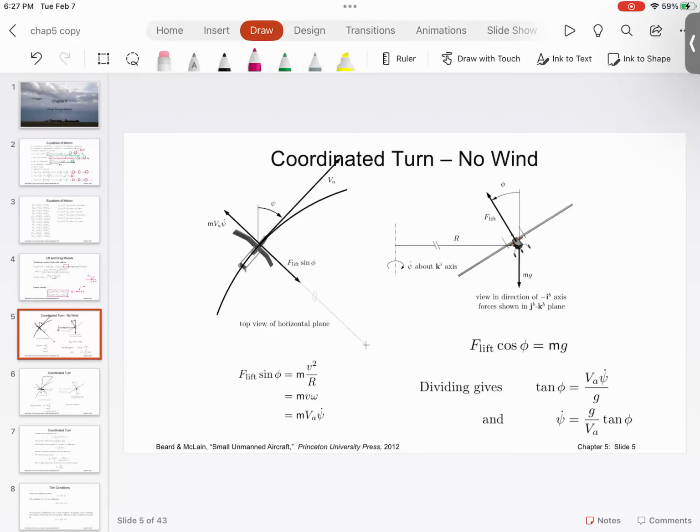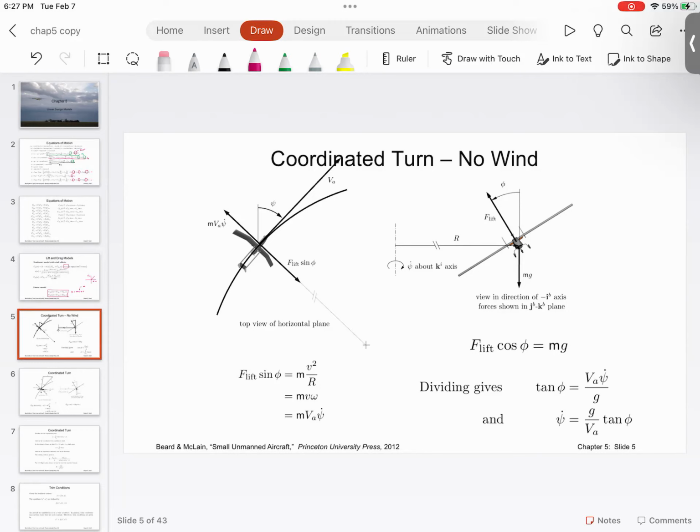Now, what we want is we want the centrifugal forces acting on the aircraft to be balanced. We want the gravity or the weight of the aircraft that is acting to be balanced.